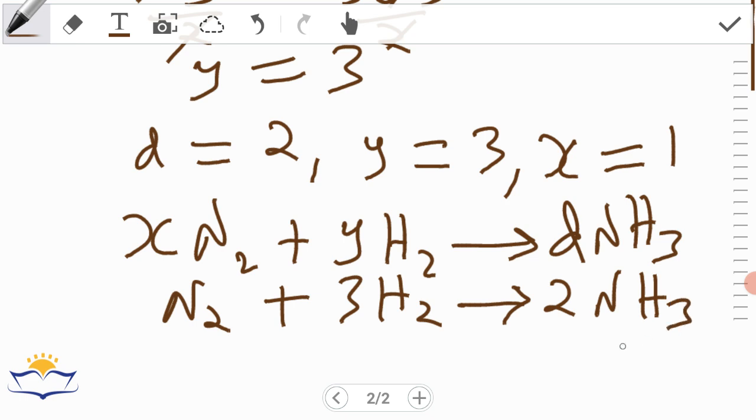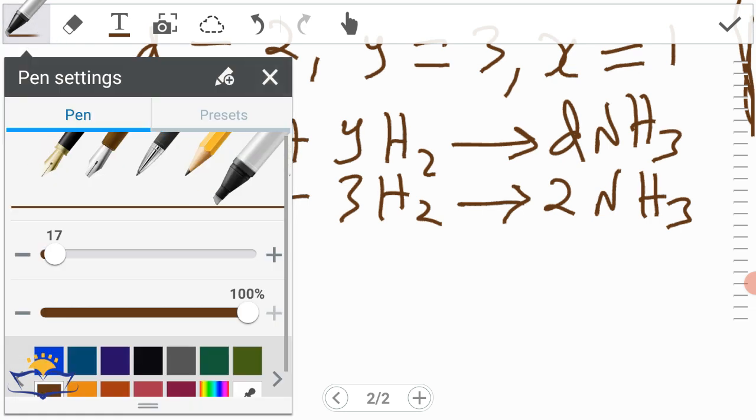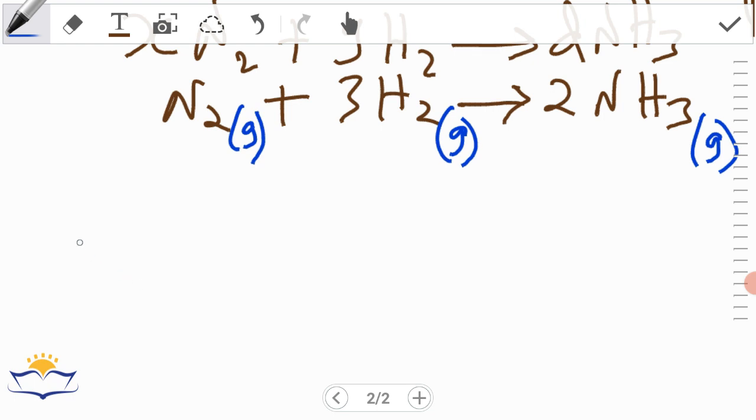Here we see that the equation is balanced. And that's where we now bring back my original states of matter. This is gas, this is gas, this is gas. Right. Now the equation is fully balanced.